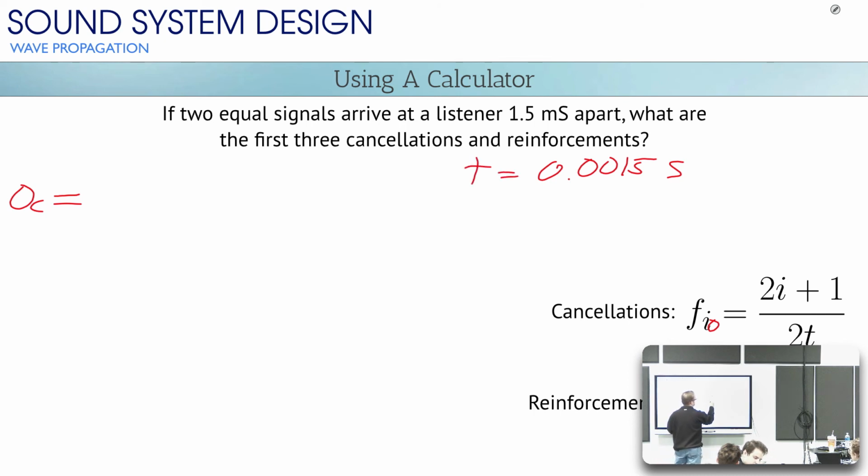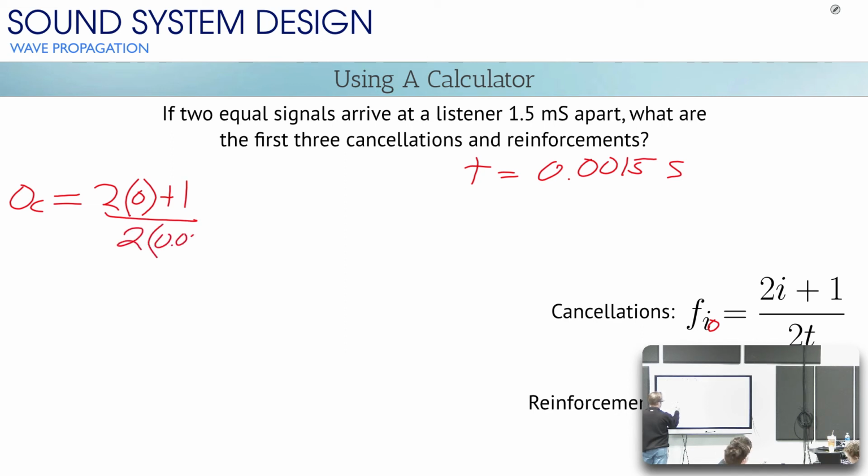t equals 0.0015 because it's 1,000 milliseconds a second, so you move the decimal place back 3 places. Okay. So for our first cancellation, which would be cancellation 0, would be 2 times 0 plus 1, divided by 2 times 0.0015. Yeah? Somebody want to try to do that on their calculator and tell me what number they get?